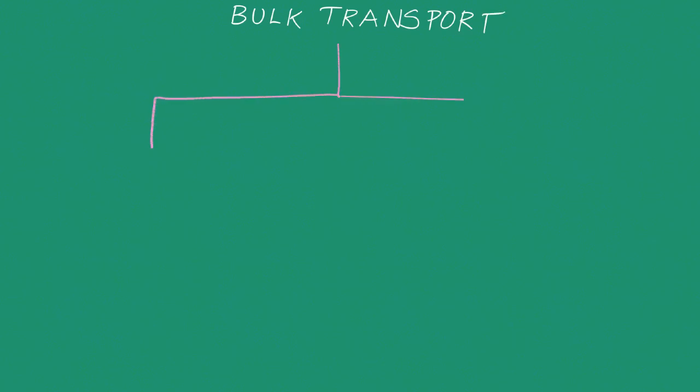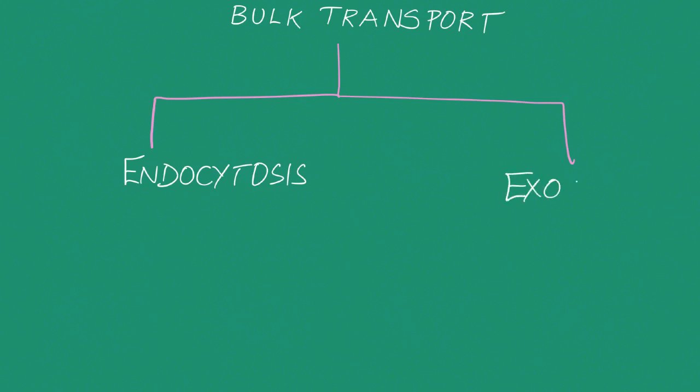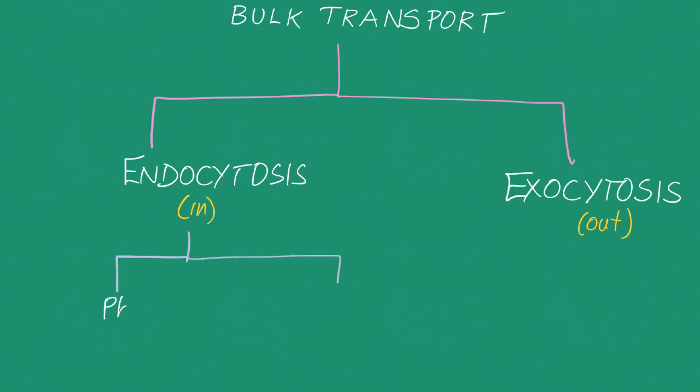Let's take a look at bulk transport, which is the third kind of active transport. It requires ATP as well. Bulk transport, as the name indicates, is the movement of parcels into and out of the cell. If the package is entering the cell, then we call it endocytosis. If the package is leaving the cell, then we call it exocytosis. Endocytosis has two types.